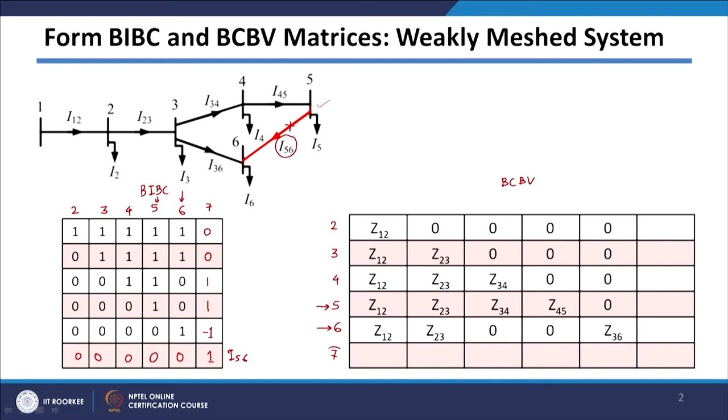This corresponds to the loop forming branch. So, Z12 minus Z12 is 0, Z23 minus Z23 is 0, here we will get Z34, here Z45, and here minus Z36 because we are subtracting row 6 from row 5, and here we get Z56 corresponding to the loop forming branch. The other entries in the other rows are 0. So, this is the modified BCBV matrix including the loop forming branch, and once you get this, you multiply BIBC and BCBV.